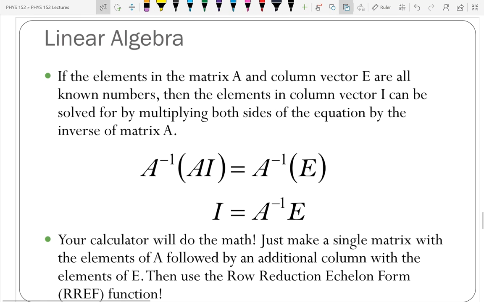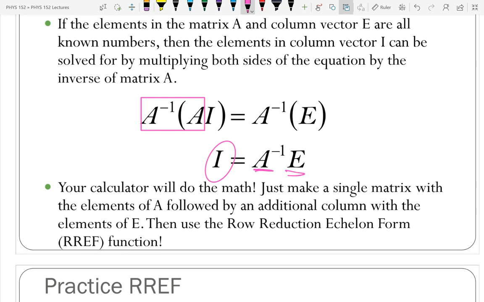Using linear algebra, if I can find the inverse matrix for A and put it on both sides, the inverse matrix times the matrix gives me the unit matrix, so the current column vector is equal to that inverse matrix multiplied by E. So if I find the inverse matrix and multiply it by E, I'm good to go. Well, your calculator has a built-in function to do that, if it's a higher level calculator. That function is called row reduction echelon form.